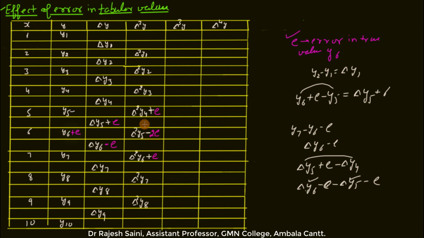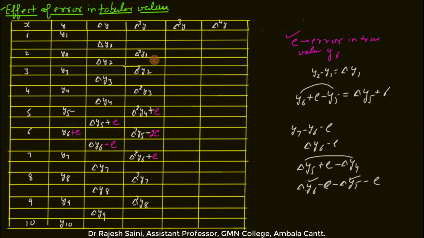Now you see over here that in the value of y, the error was in only one term. In the first column, it is in two terms. In the second column, it is in three terms. Now we'll see how it propagates in the third difference column.